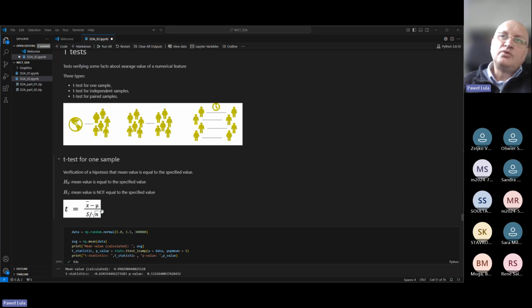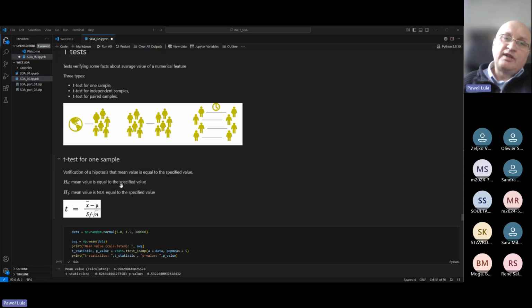And we want to know if the difference between these two values is big or not. Of course, in the zero hypothesis, it was said that the average value is equal to this value which was specified by the user.